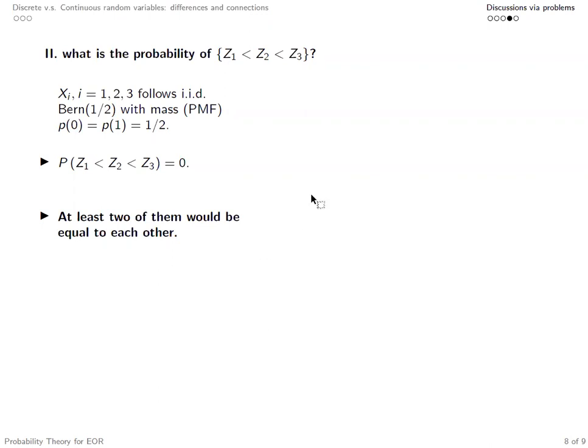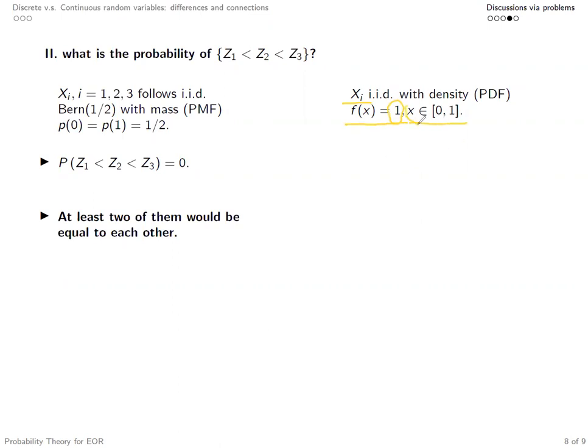What happens if we change xi from discrete random variable to a continuous random variable? Again, let's consider xi are continuous random variables with probability density function fx a constant, which is constant 1 within this 0, 1 interval and 0 otherwise.